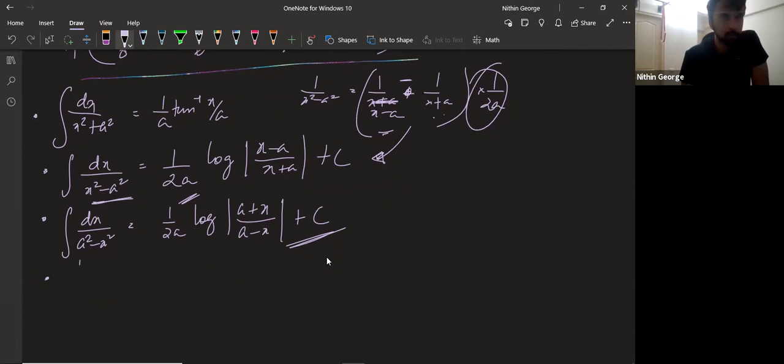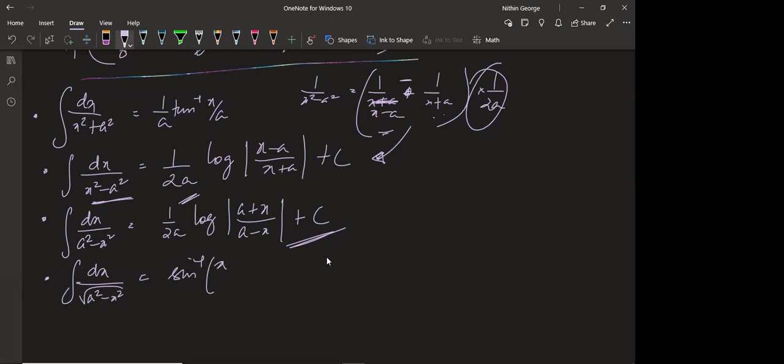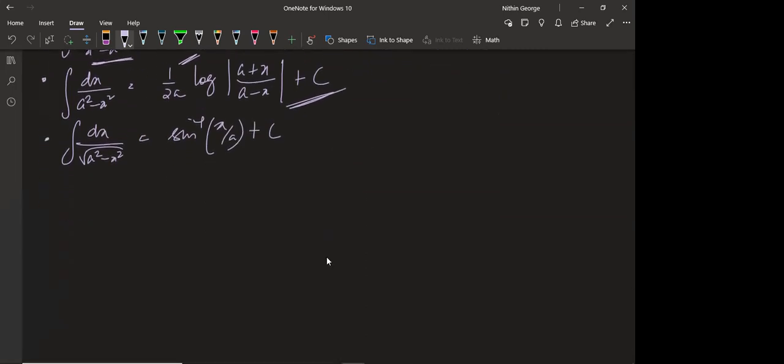Fourth one. Okay, what about this? Sin inverse x by a. Okay, what about this?